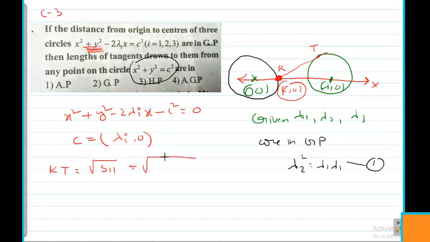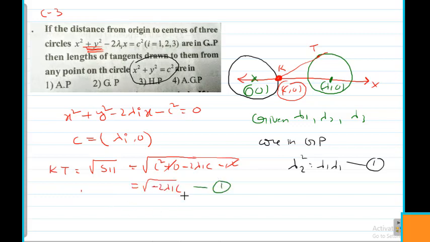So that is root over c square plus 0 minus 2 lambda 1 c minus c square, which gets cancelled. So KT equals root over minus 2 lambda 1 c. Don't think that the under-root has a negative symbol; it is not negative, since one of c or lambda 1 may be negative.